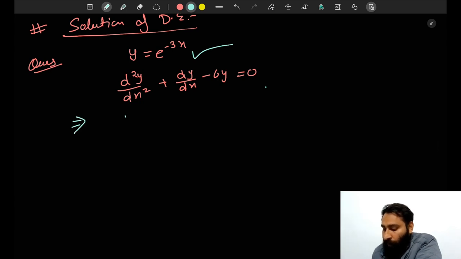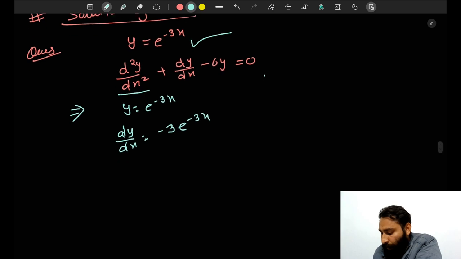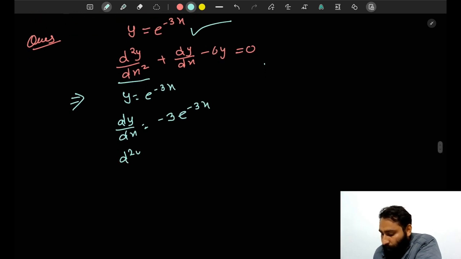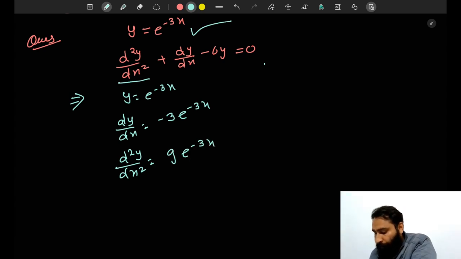So we have to differentiate y is equal to e to the power minus 3x two times, because the second order derivative is present. First time, dy/dx is equal to minus 3 e to the power minus 3x. Again we differentiate, d²y/dx² is equal to 9 e to the power minus 3x.